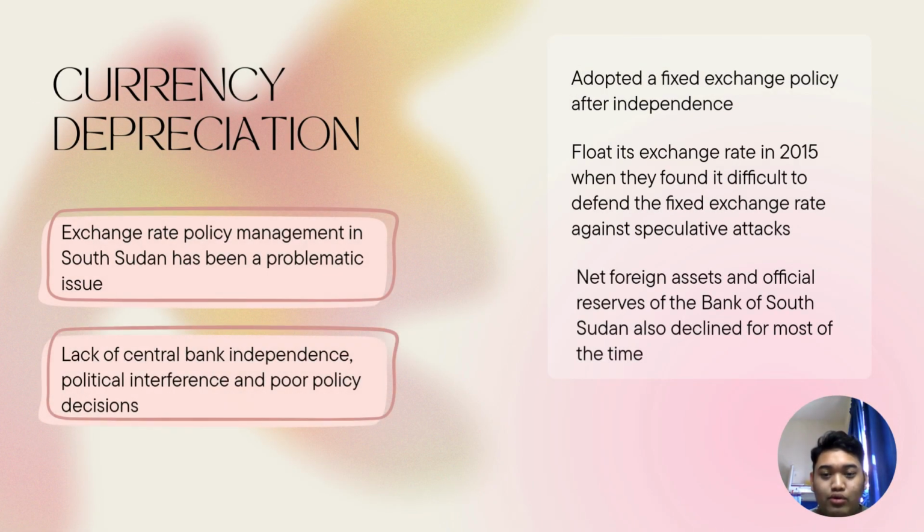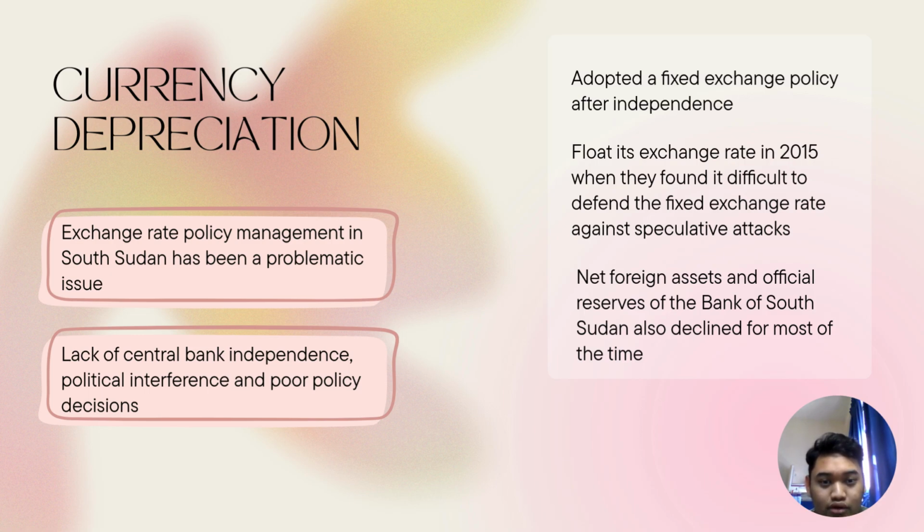Last but not least, one more thing that leads to macroeconomic problem in South Sudan is currency depreciation. For your information, exchange rate policy management in South Sudan has been a problematic issue since their independence. Lack of central bank independence, political interference, and poor policy decisions also contribute to this problem. The country adopted a fixed exchange rate policy after independence.